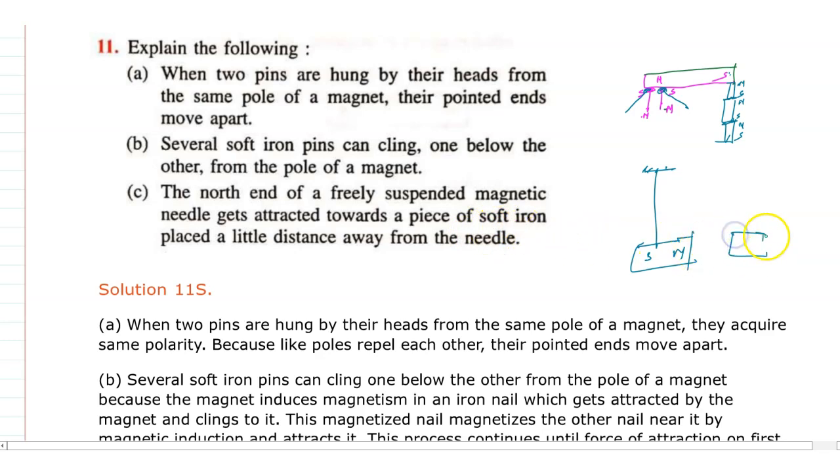If I put here a piece of iron, due to magnetic induction it creates a south and a north pole, and the piece of iron is at static rest, kept here. So the bar magnet will be attracted towards the iron. There is a force of attraction working, so due to the force of attraction the iron may come towards the bar magnet, or the bar magnet can go towards the iron.